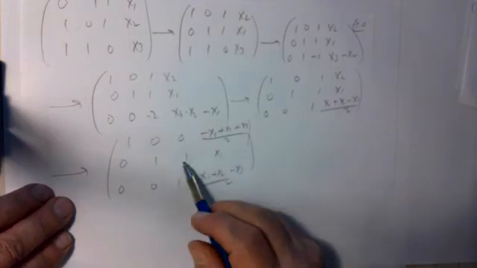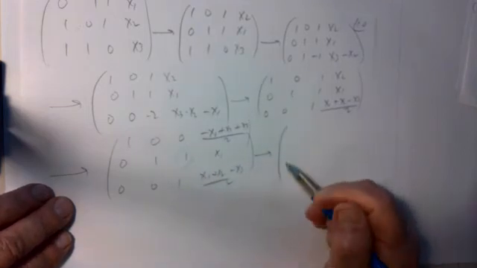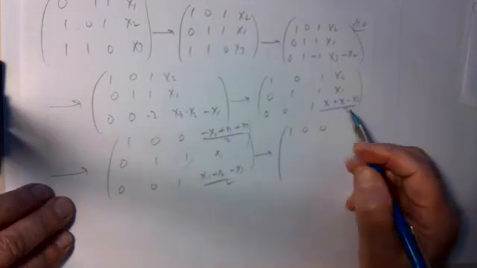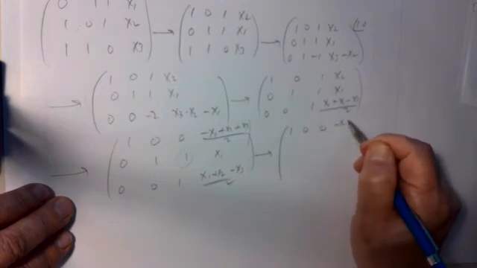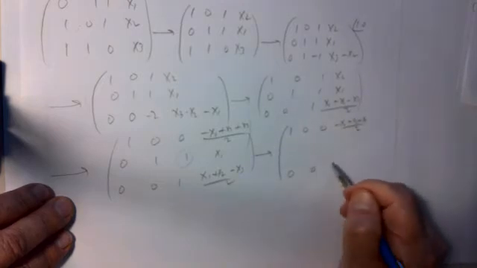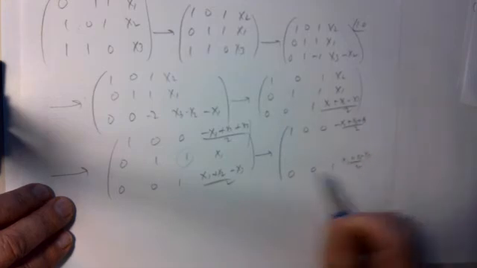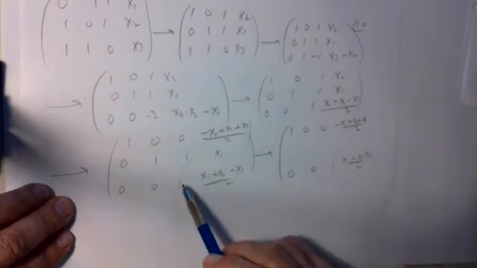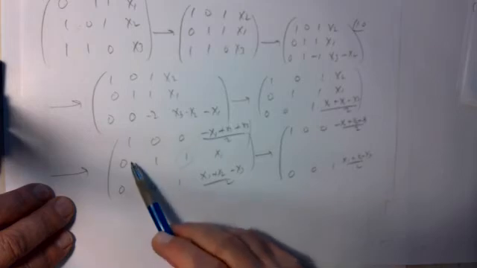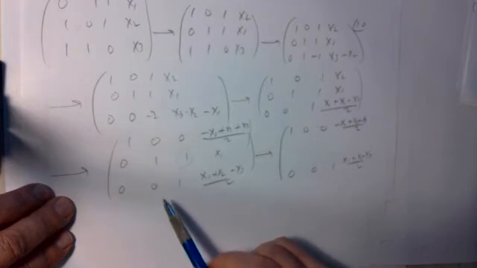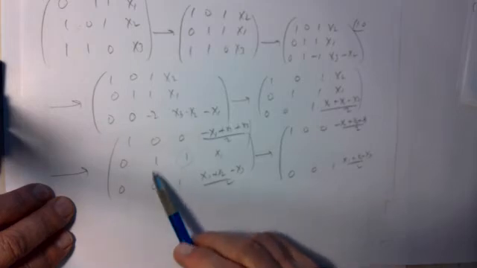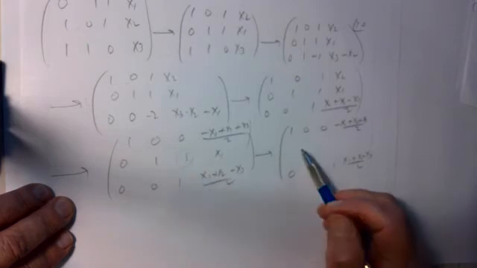And then the last step is to get rid of this 1. So I have 1, 0, 0, minus x1 plus x2 plus x3 over 2, 0, 0, 1, x1 plus x2 minus x3 over 2. I take the second row minus the third row. 0 minus 0, 1 minus 0, 1 minus 1.